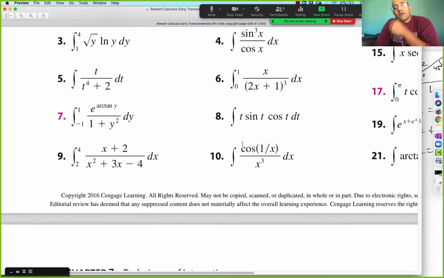Number 10, try doing integration by parts on this one. So try separating it into the product of two different functions.